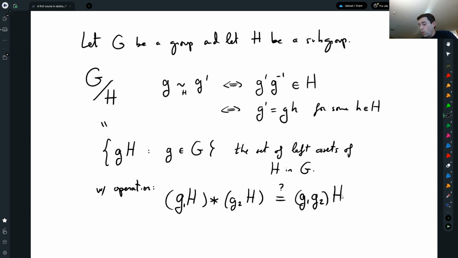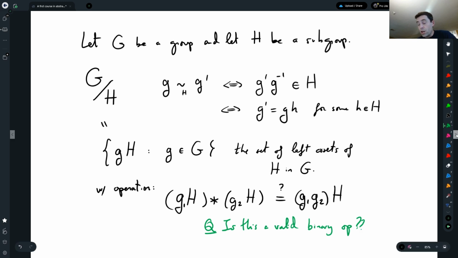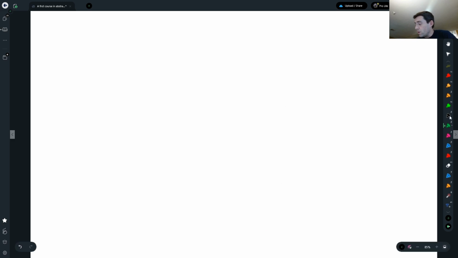So is this a valid binary operation? Well, we're going to see in a moment that no, in general, it is not. So let's see. Is that star well defined?